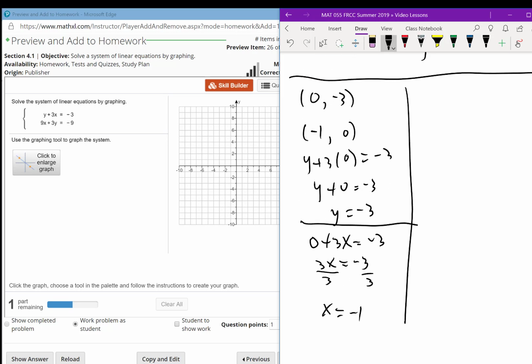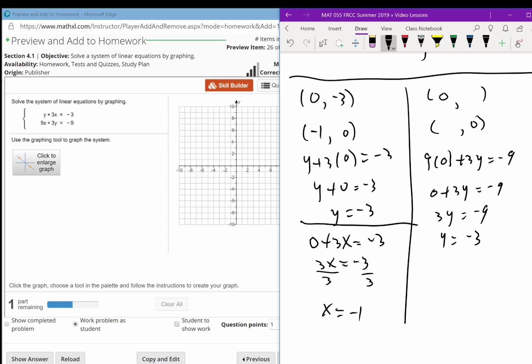Now working with our second line, let's again try our intercepts. So notice when x is 0, I get 9 times 0 plus 3y equals negative 9. So 0 plus 3y equals negative 9. So 3y equals negative 9. So I divide both sides by 3, so y equals negative 3. So notice here I put a negative 3 here.